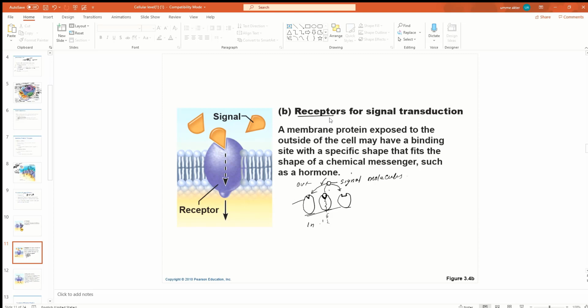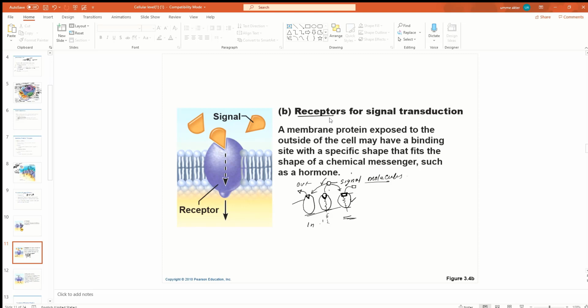Now if the medicine molecule or hormone molecule, that means the signal molecule, is rectangular, then it will fit perfectly here, right? So this is the signal receptor binding, and when that binding is perfect, this one will send a signal to the inside of the cell. If the signal molecule is triangular, it will bind perfectly here.